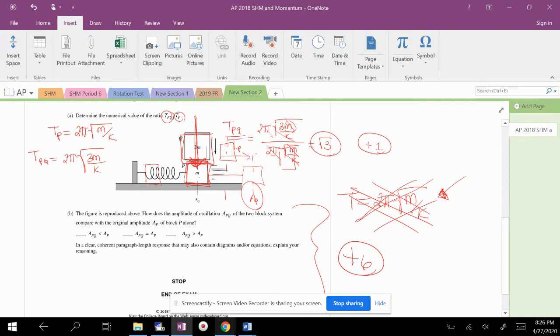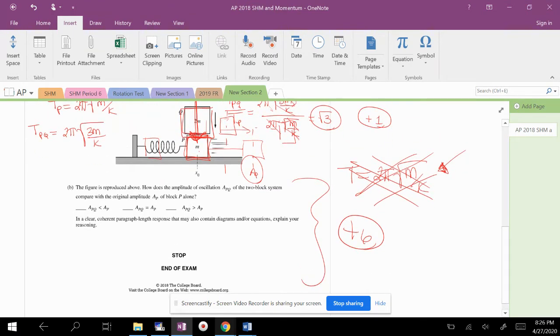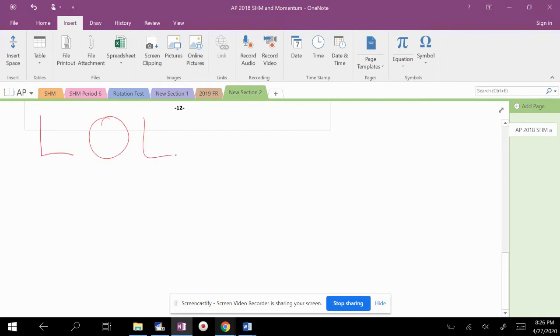Also, if I'm talking about amplitude, one good way of thinking about that is through energy. Let's see if I have enough space here. Before I even start writing, I want to talk about what types of energy I have. In the system, I have the blocks, the spring, and the earth, which I don't even care about because there's no gravitational potential energy here.